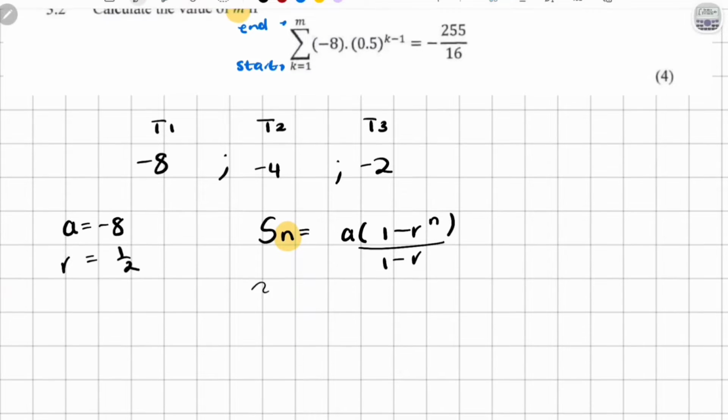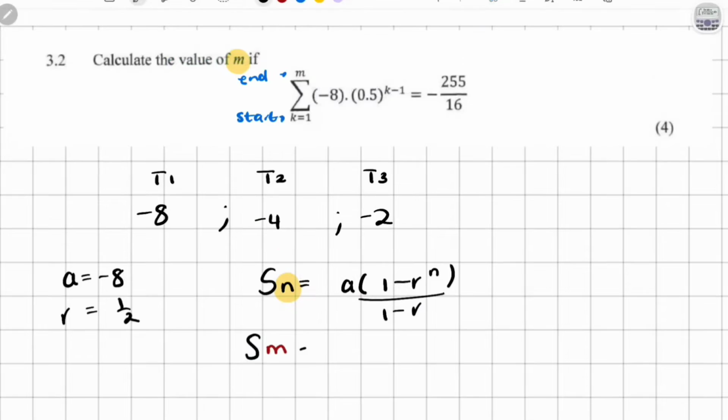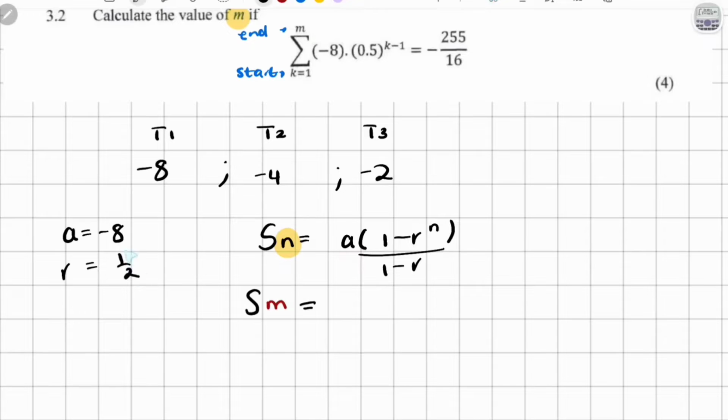So I'm going to say S of m is equal to, what's our a value? It's negative 8. So negative 8 multiplied by 1 minus our ratio, which is a half. So 1 over 2 raised to the power of n is what? That is m. So I'm substituting that there. And then over 1 minus our ratio, which is a half.